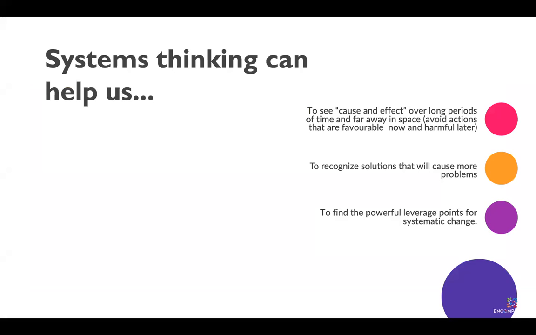As I said, the cause and effect of a lot of problems we see, whether it's COVID, climate change, refugees, poverty, is over a very long period of time. So you would need not just a quick fix, but to look at the solution and recognize that some solutions might cause more problems, as we can see from the video. If you just put DDT on, this solution might create the other problem, and to find a powerful leverage point for systemic change.